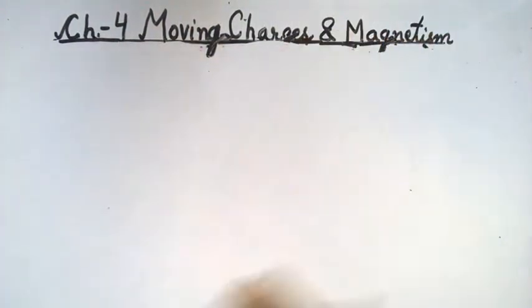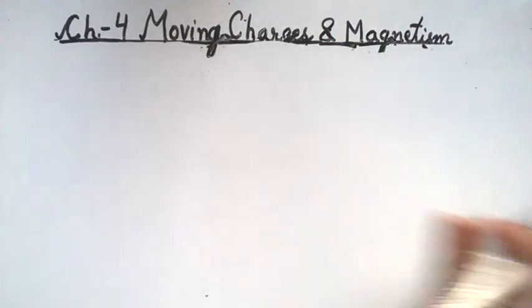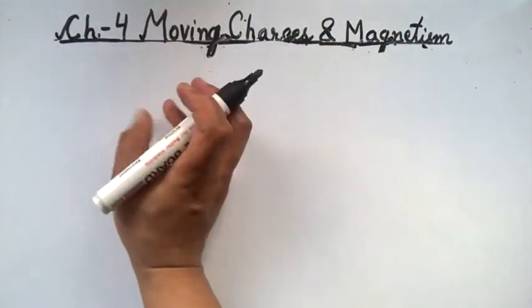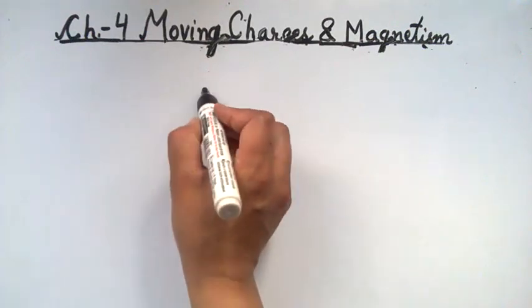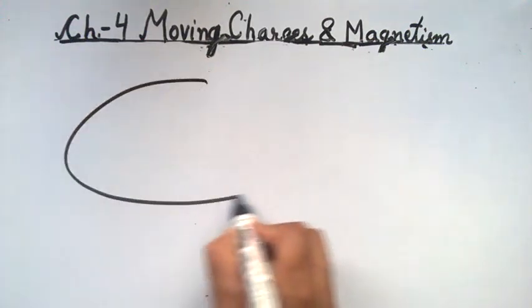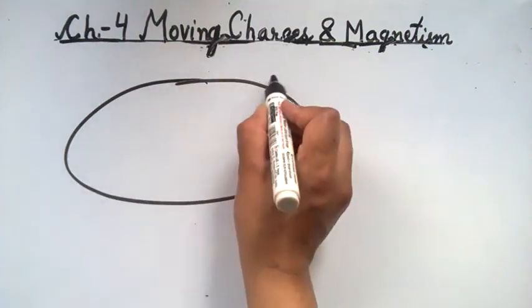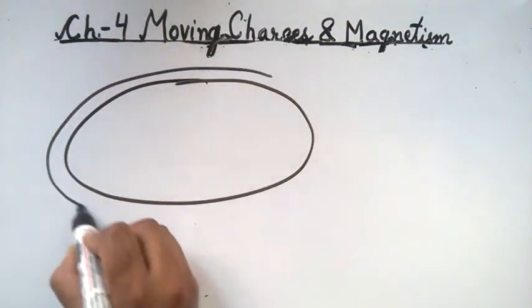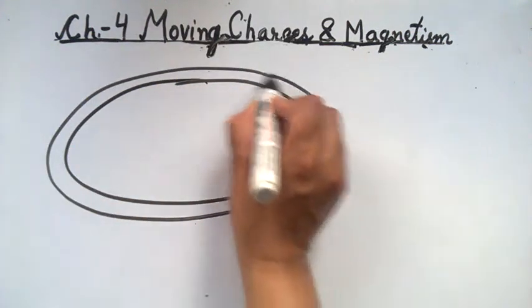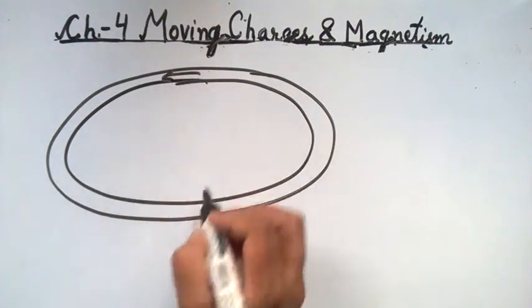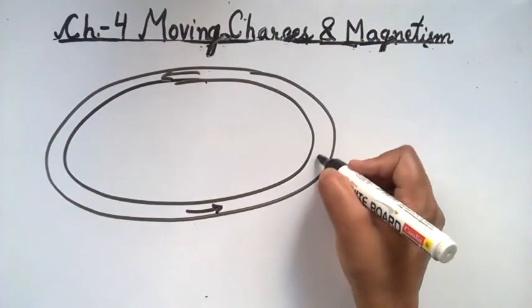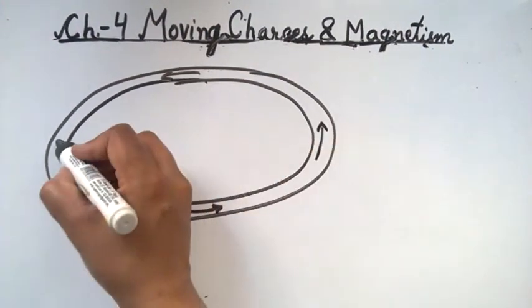Now we have studied about into the plane of paper and out of the plane of paper. Now consider a current carrying coil in which the current is flowing in anti-clockwise direction. Now find the direction of magnetic field.